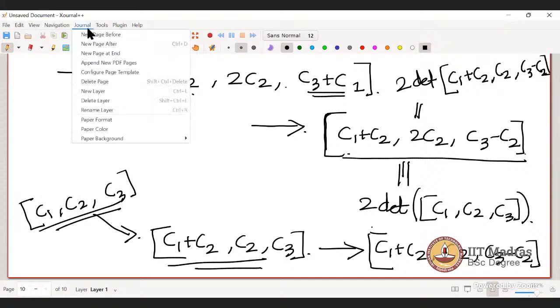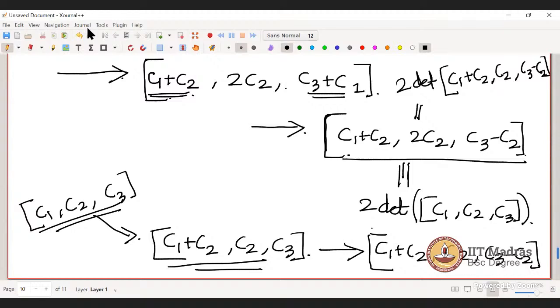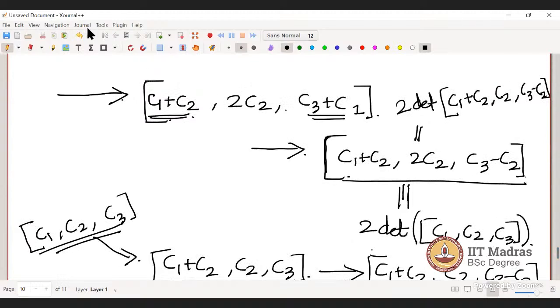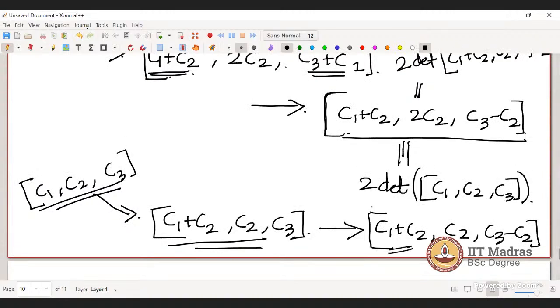Sorry, how does this step, C1 plus C2, C2 and C3, come? Which one? No, the previous one. I have added column 1 with column 2 of this matrix. Sir, in column 3 you changed C3 minus C2 to C3. How did that become?